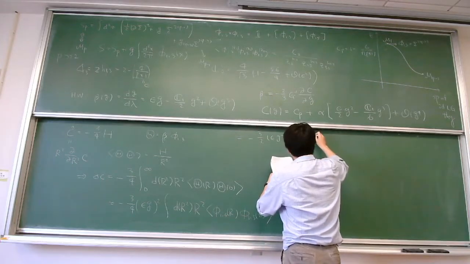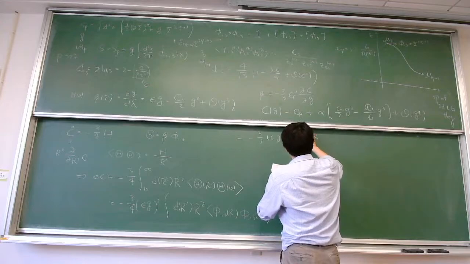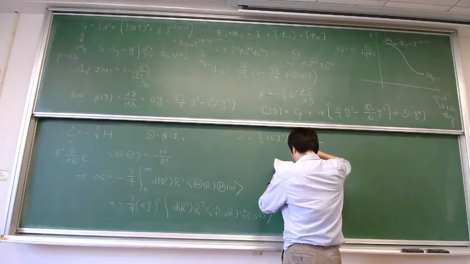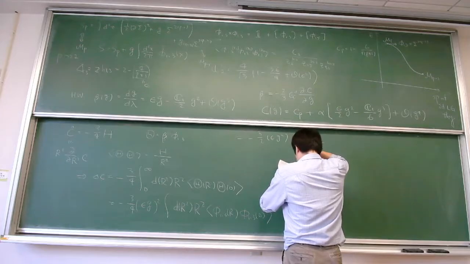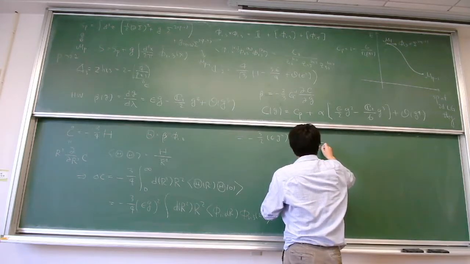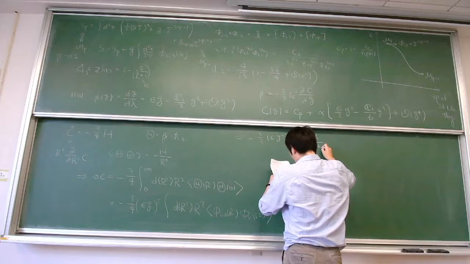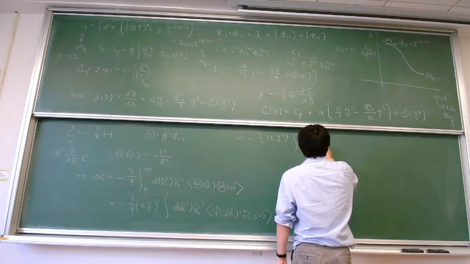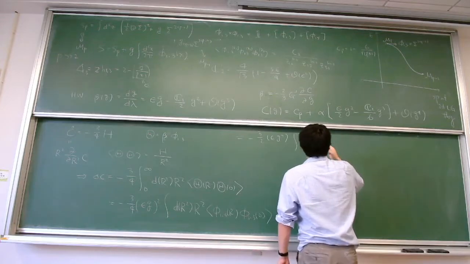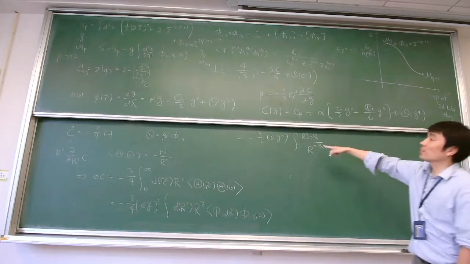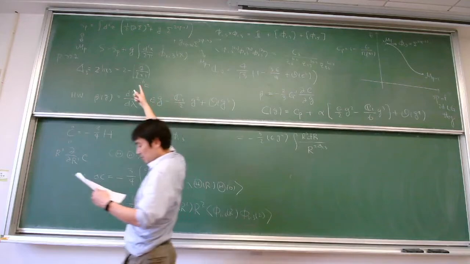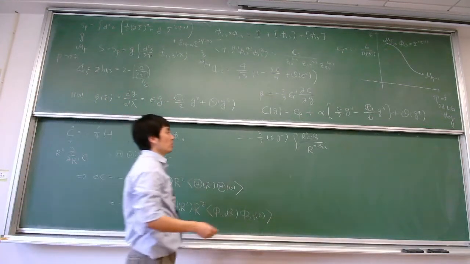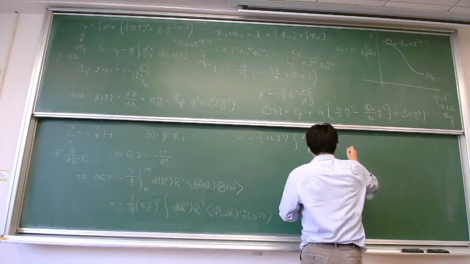So therefore this is equal to minus 3 over 2 epsilon G squared, integral from 0 to infinity dR R cubed divided by R to the 2 times delta 1,3. Yeah, 2 delta 1,3. Okay. And we know delta 1,3 is written here. Okay, this guy. And plug that into here and do the integration, and just only look at the leading term of epsilon.